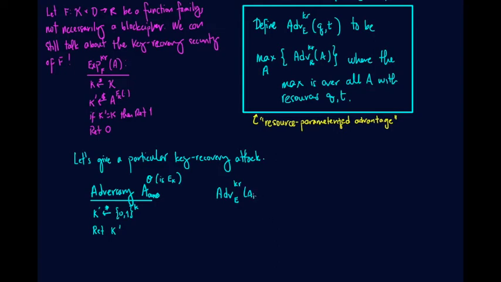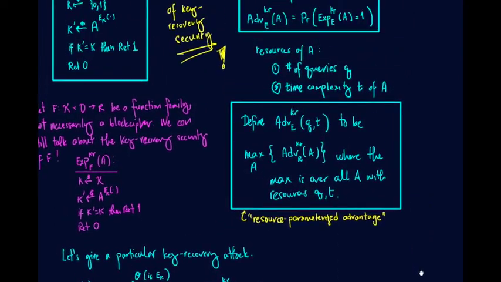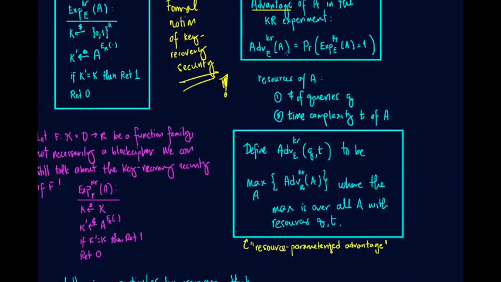This A is in particular the dumb A. What's the advantage that A dumb gets? Okay, so if we go up here, this is the probability that A dumb wins this experiment. So then I look over here at the code and say, okay, this A is now A dumb.